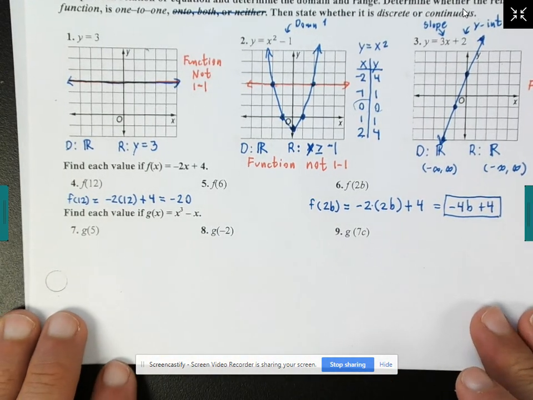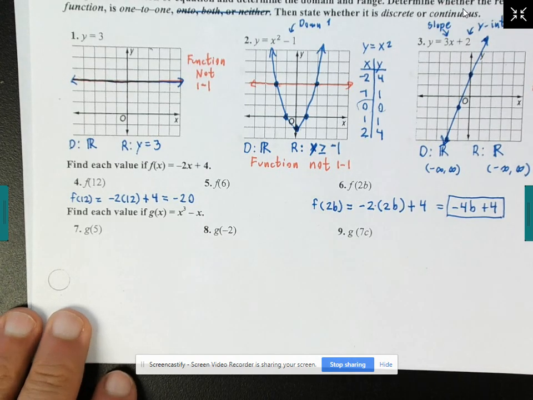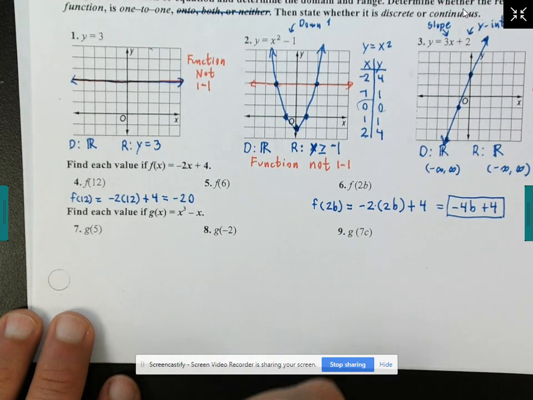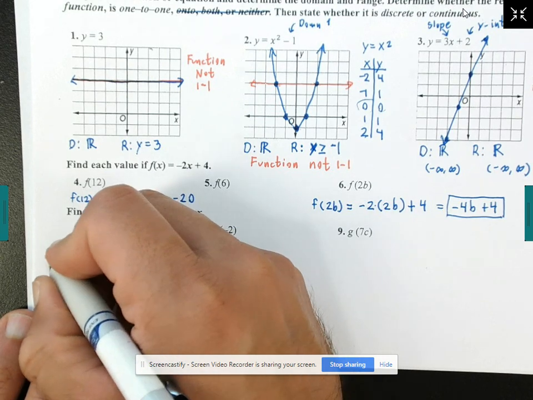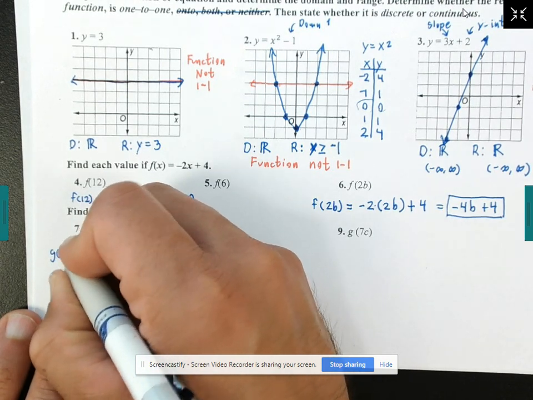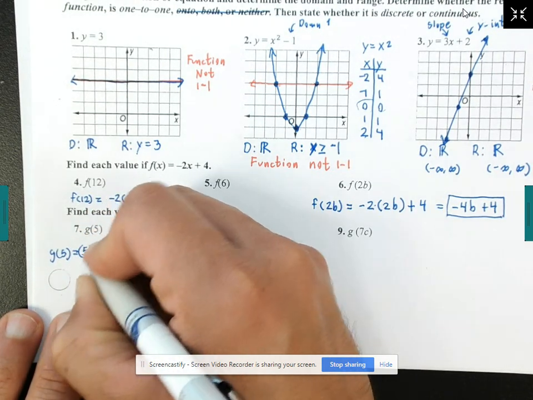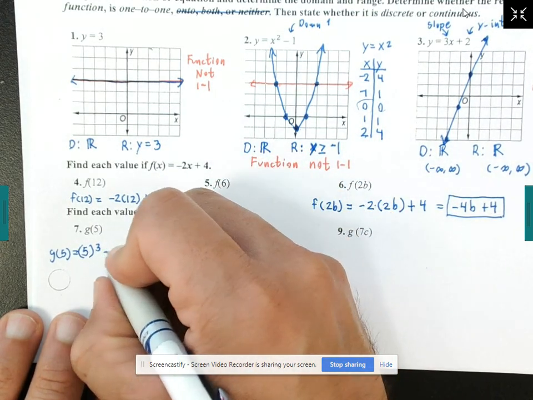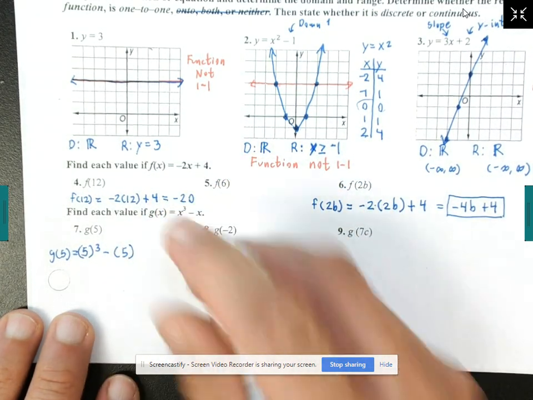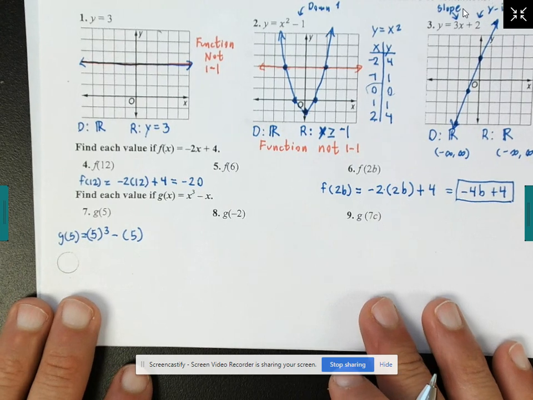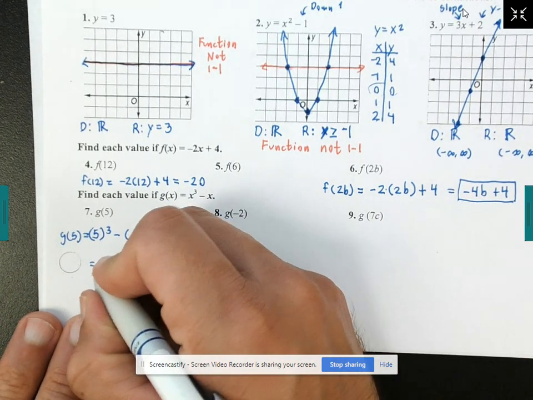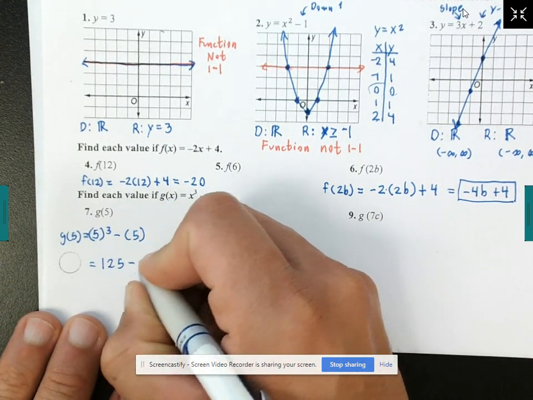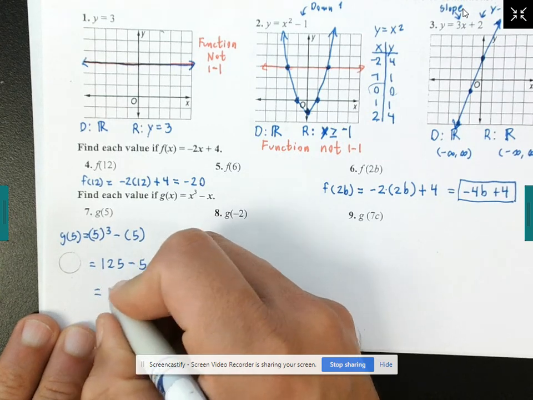Okay. Now let's go to number 7 right here. Same idea. I'm going to plug in a 5. Let me put g of 5 here. It's equal to 5 cubed minus 5. When you cube the 5, you get 125 minus 5, so this is going to be 120.